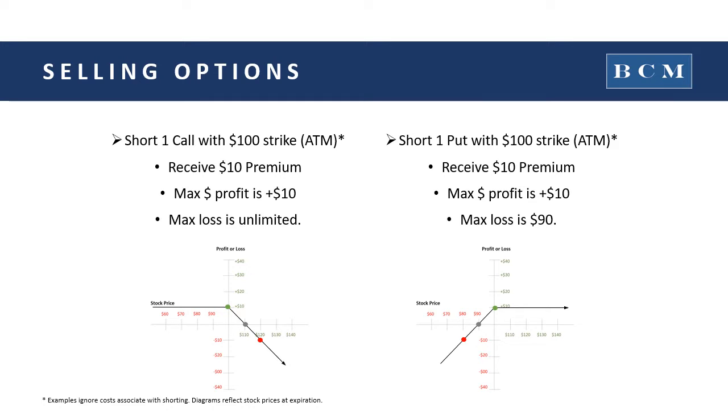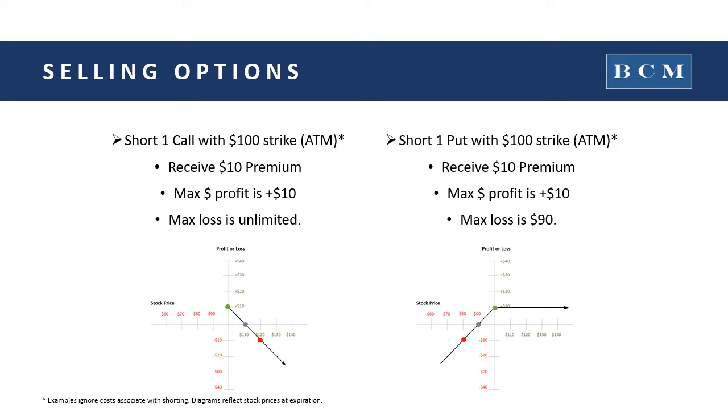On the left side of this page, we are taking a short call position. So we are selling an at-the-money call with a $100 strike price, and we're going to receive $10 in premium for that sale. If any of that doesn't make sense, please watch parts 1 and 2.